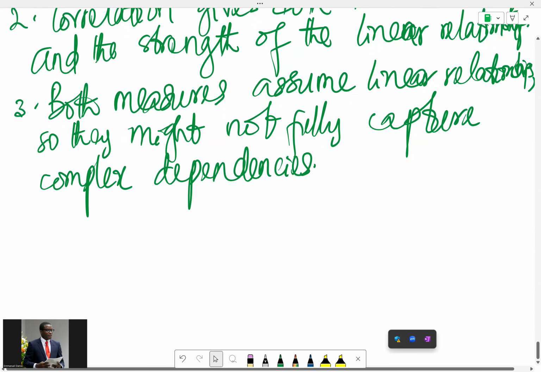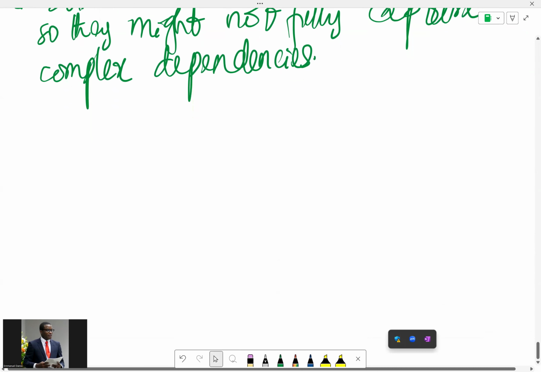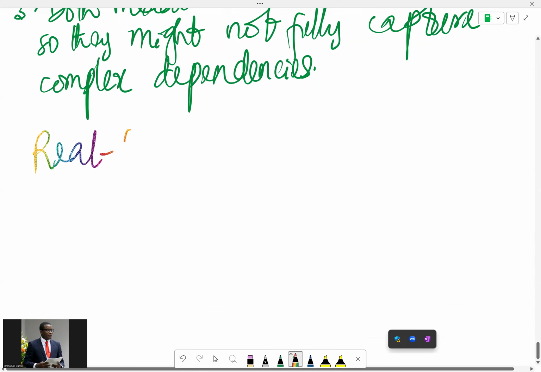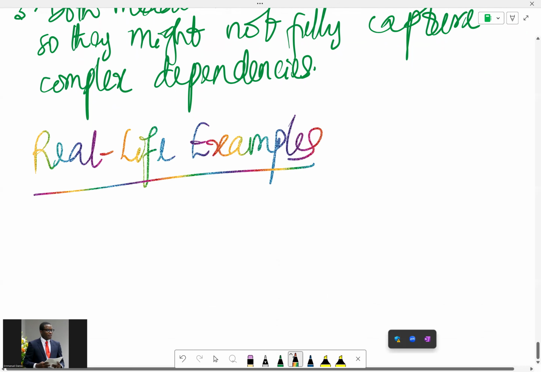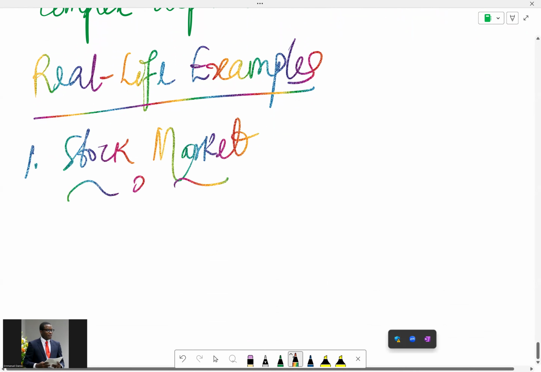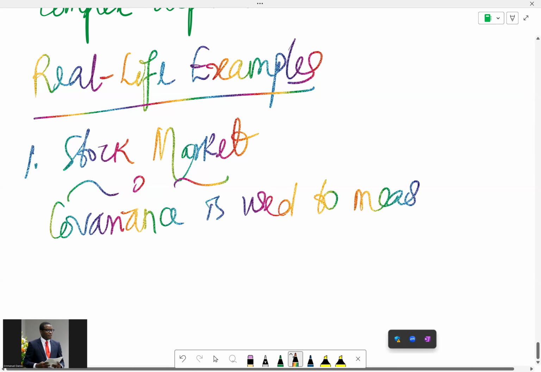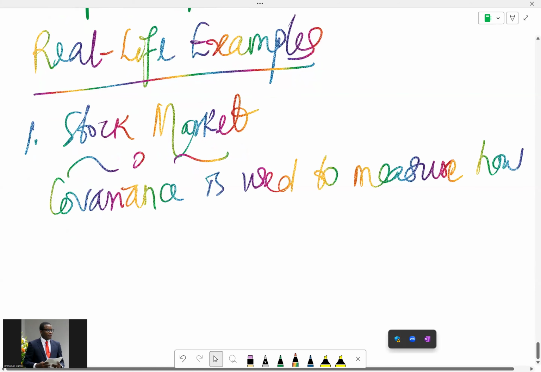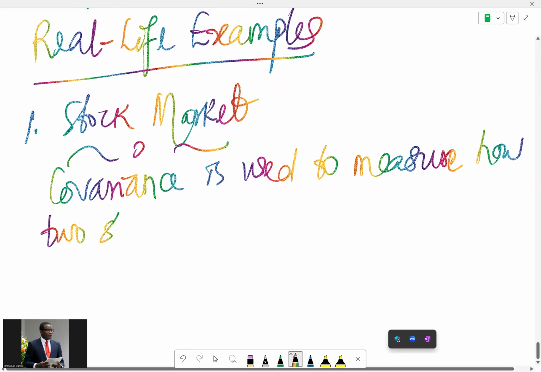Okay. So let's look at some real life examples of this. Of course, like I said, in the next video I'm going to take actual calculations. All these ones are just still some stories here and there. So look at the stock market, for instance. Covariance is used to measure how two stocks move together.